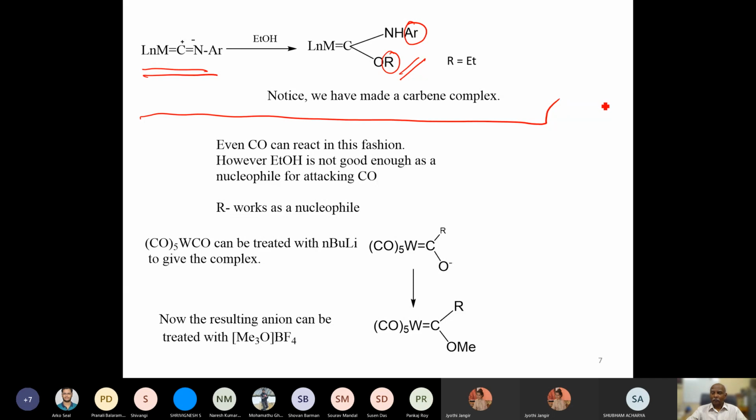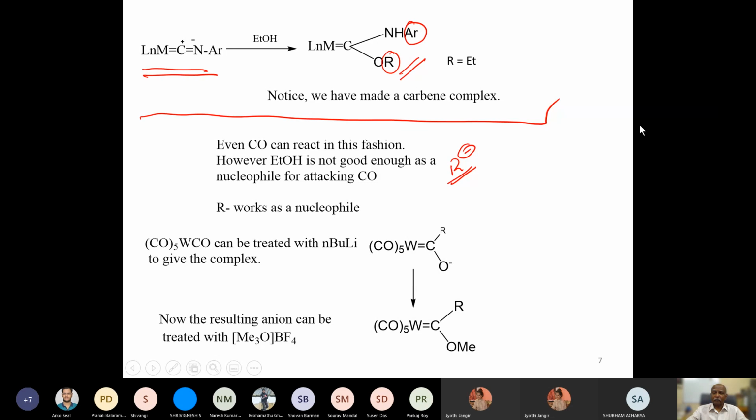And I want to just point out that carbon monoxide can also react in the same fashion. Ethanol will not react with it in that fashion, but if I take a stronger nucleophile, an RLi or an R minus, which is sufficiently electron rich, then it can attack the carbon monoxide also.